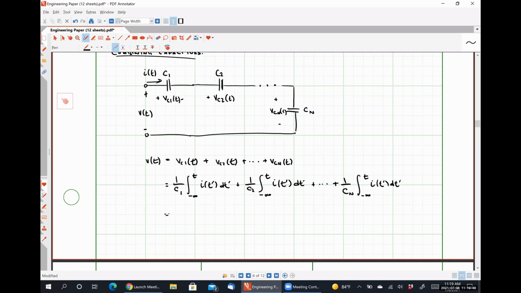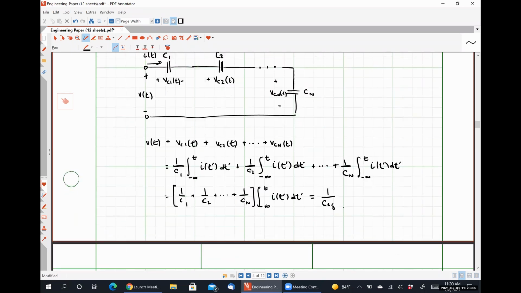So I could express this as 1 over C1 plus 1 over C2 plus 1 over C sub n times the integral from negative infinity to t of i of t' dt'. And I'm then going to call that combination of capacitances the equivalent capacitance.